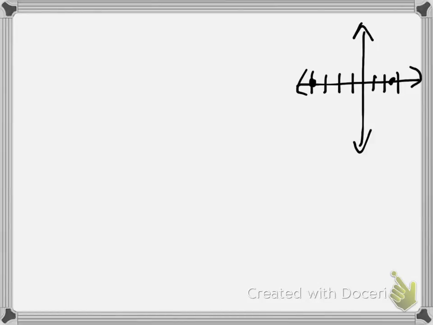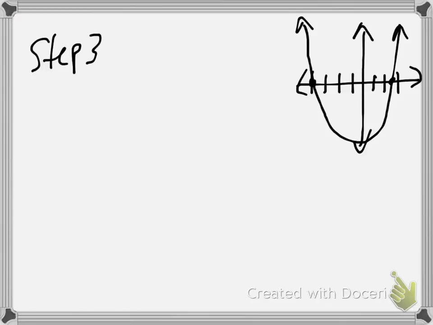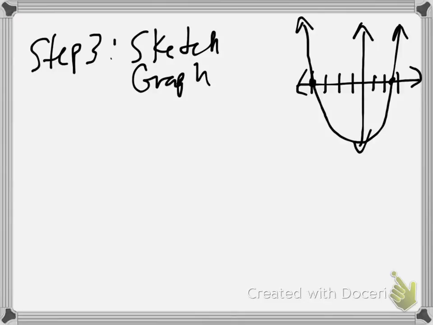Our a is 2 and it's positive, so this graph is going to open up, so it's going to look something like this. Alright, and so step 3 was to sketch the graph, which we just did.